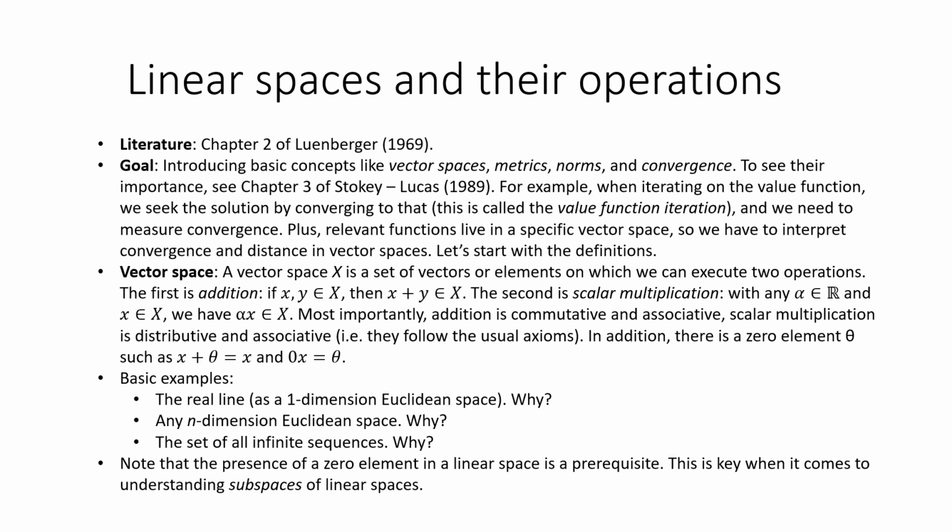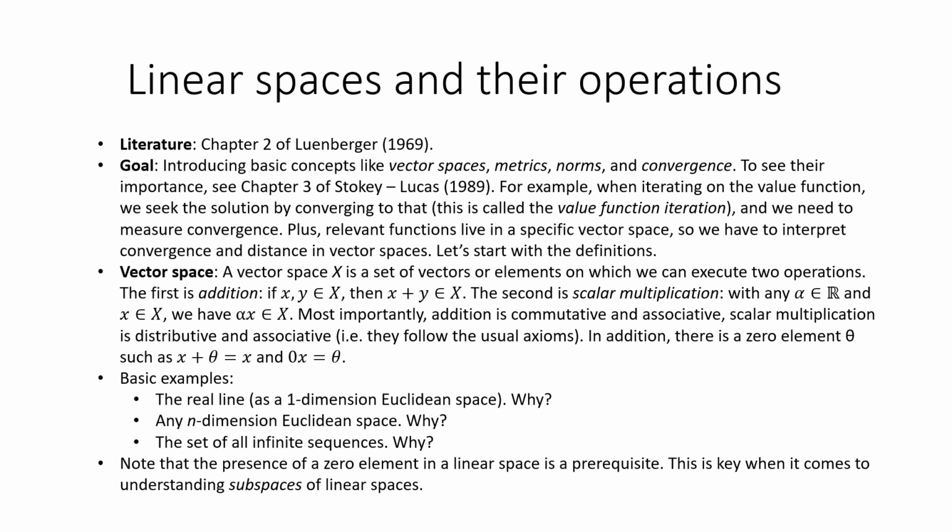Here we have some basic examples for vector spaces. Actually, it's no big deal to check if we have a vector space. We only need to see that these two operations work in a space.